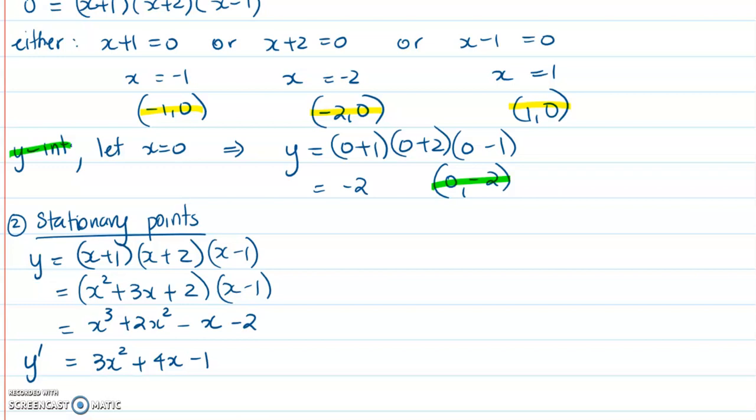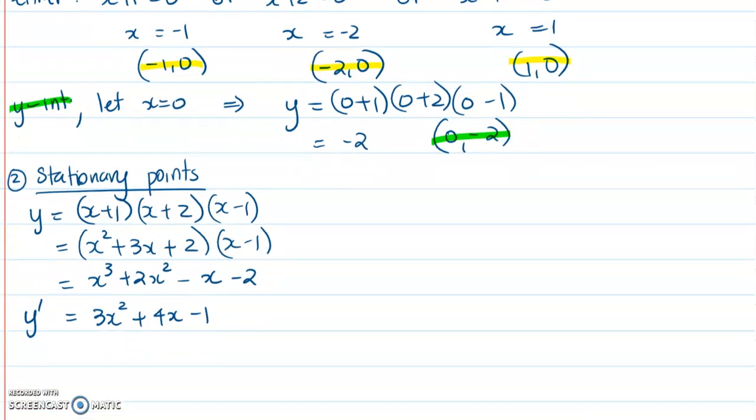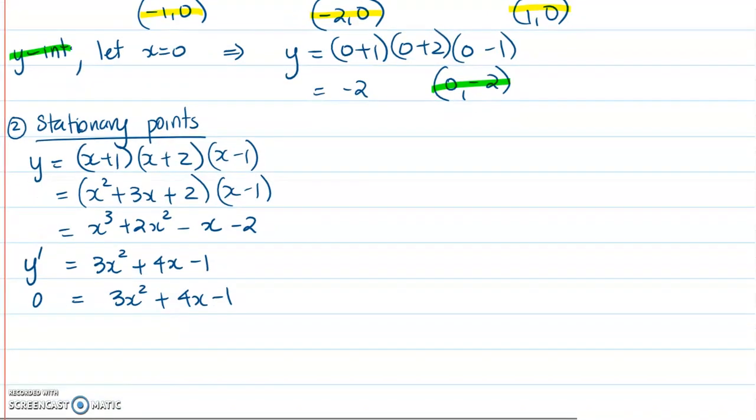Now, this is giving us the gradient function. So, as we did before, to find out what the coordinates of these points are, basically finding the roots, we equate that to 0, so that becomes 0 is equal to 3x squared plus 4x minus 1. You can factorize that first, or you can use your quadratic formula. Obviously a is equal to 3, b is equal to 4, and c is equal to negative 1.